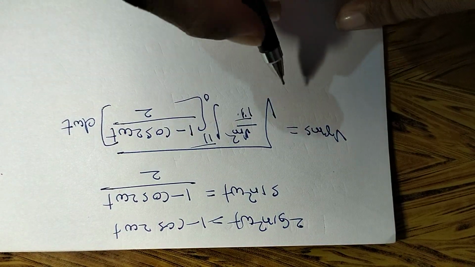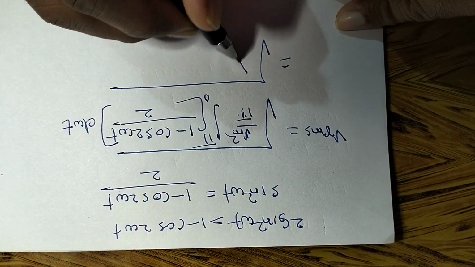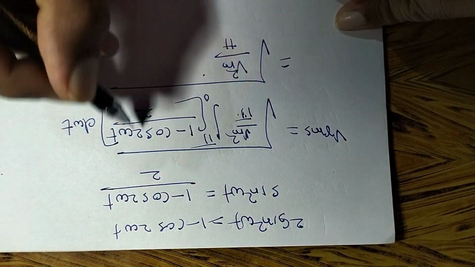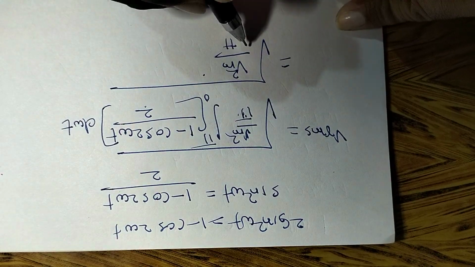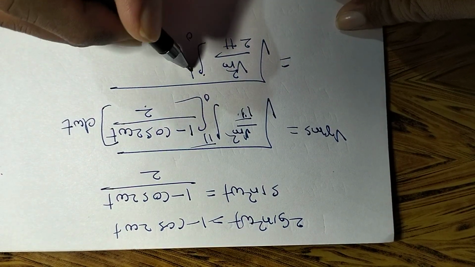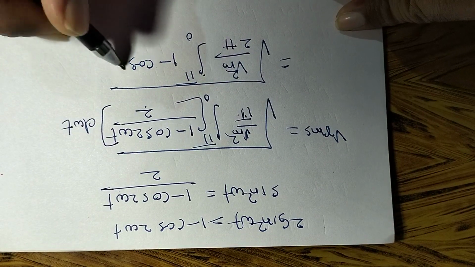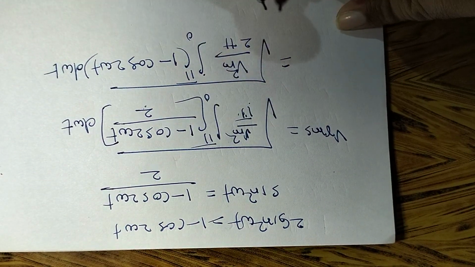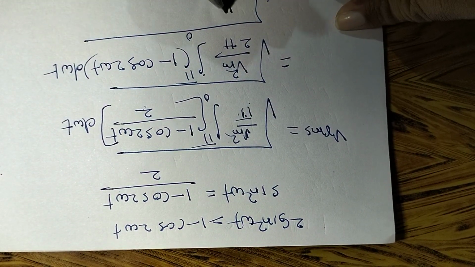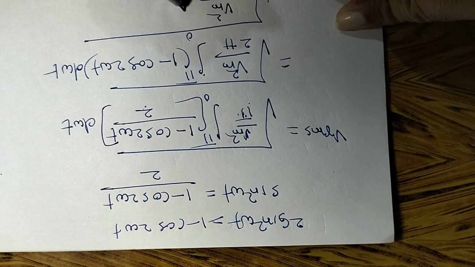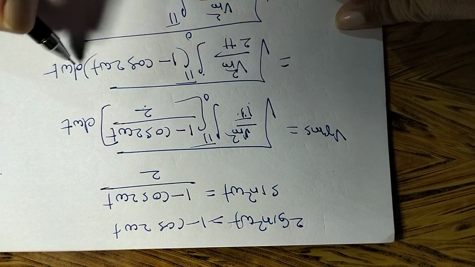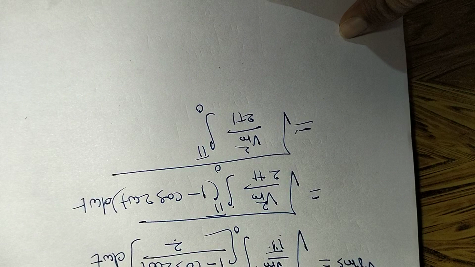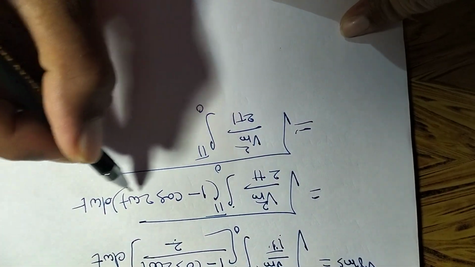The 2 also goes outside, giving Vm square divided by 2 pi integral 0 to pi of 1 minus cos 2 omega t d omega t.